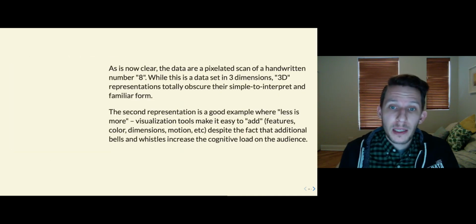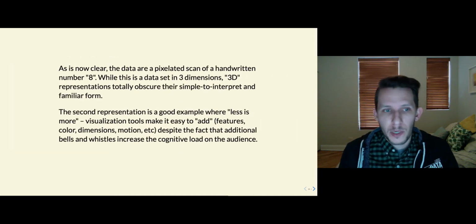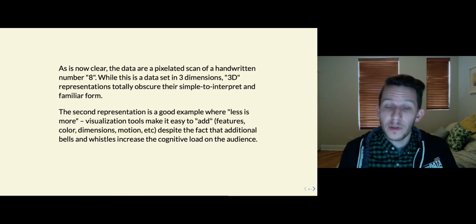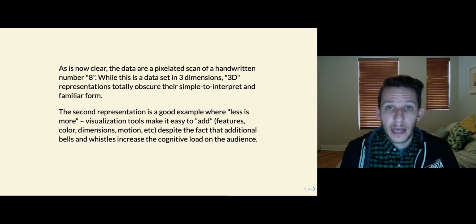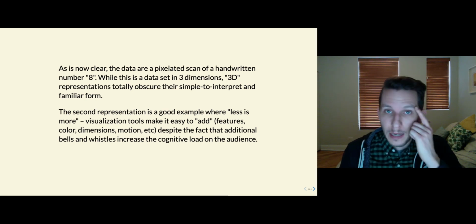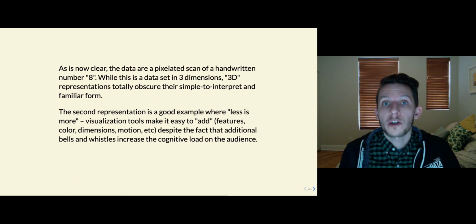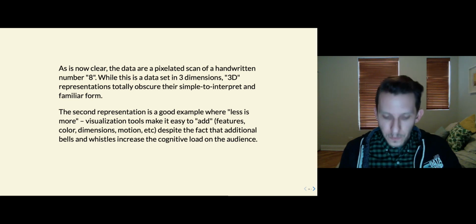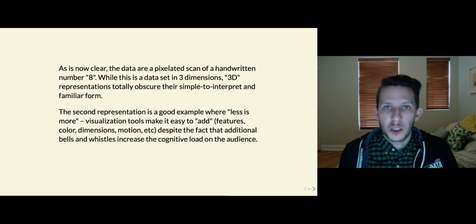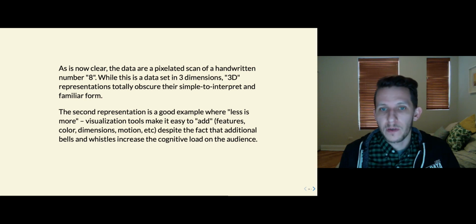This is a pixelated scan of a handwritten number 8 digit, and the data set itself lives in 3 dimensions. So every pixel has a coordinate, x and y, and then there's some intensity associated with that pixel regarding how much ink essentially falls within an individual pixel from the scan of the handwritten digit.